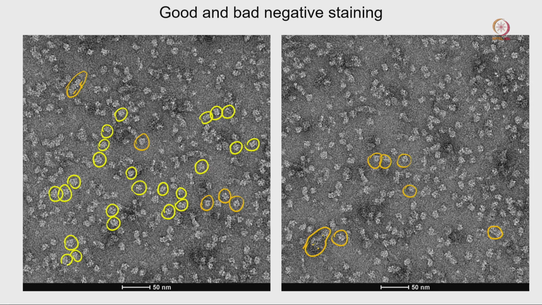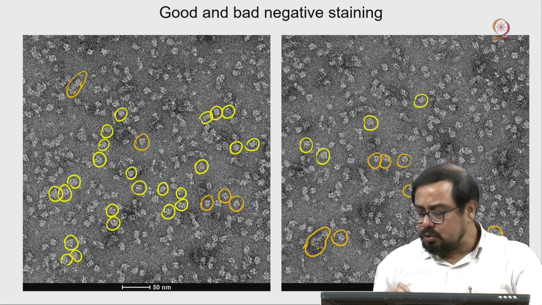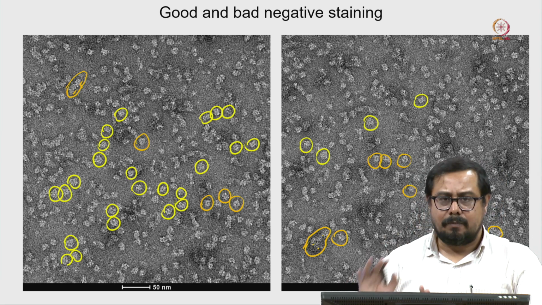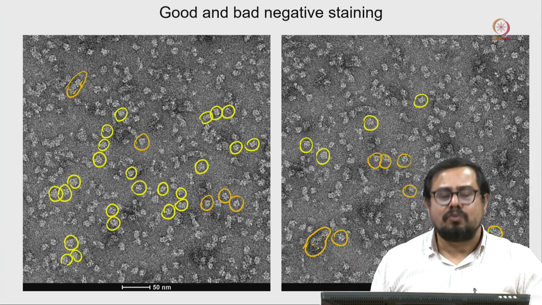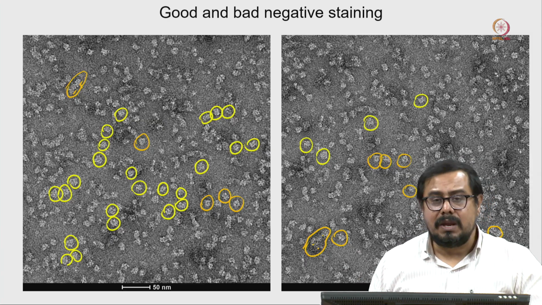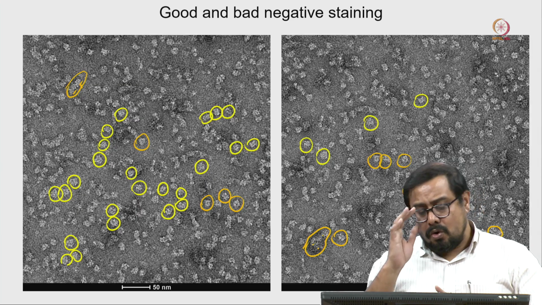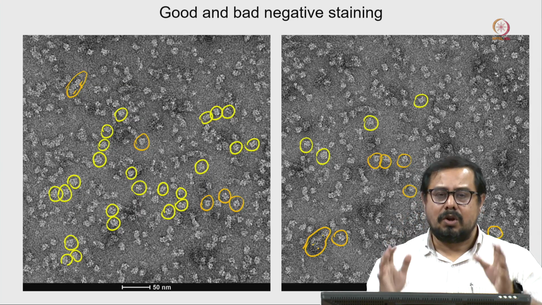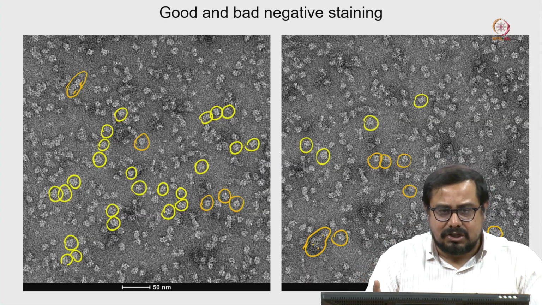So this is one of the good TEM images, where you have a very nice distribution of the stain, and you can isolate your protein molecules properly. You can use this for further analysis, what I was talking about, the 2D classification. Similar looking protein molecules we cluster together, and then we calculate an average of that.